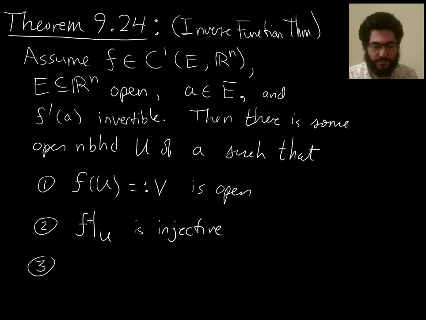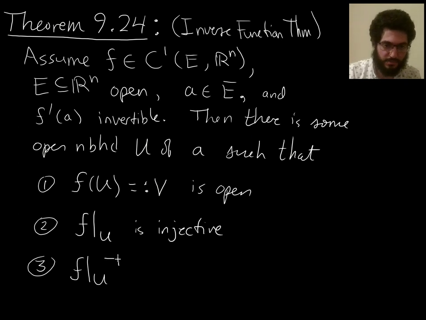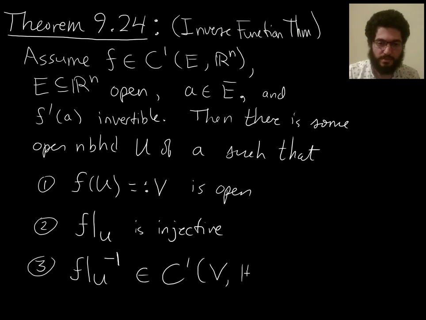And so f becomes a bijective mapping from the open set U to the open set V. And finally, if you take f restricted to U, which is now a bijection from U to V, and you take the inverse, which you can because it's a bijective function, then that inverse function is in fact a C1 function. So it's a C1 function from V to Rn, to U, really.